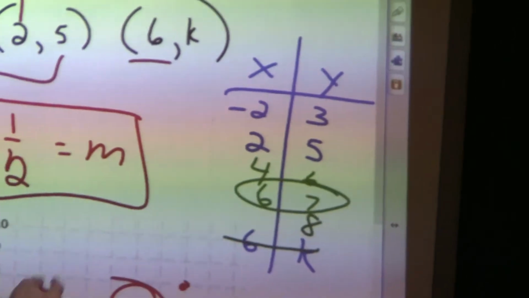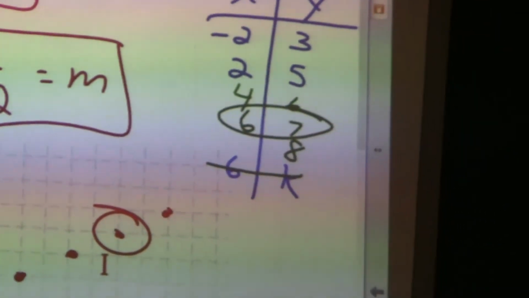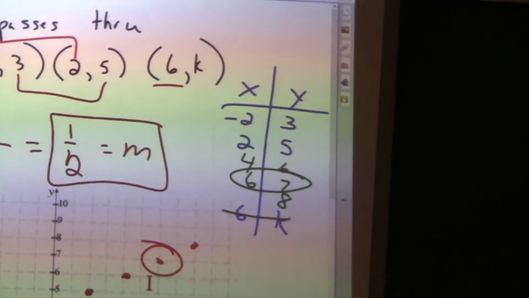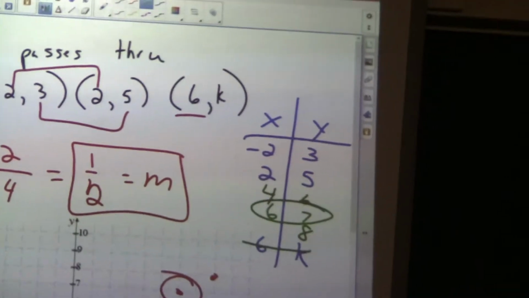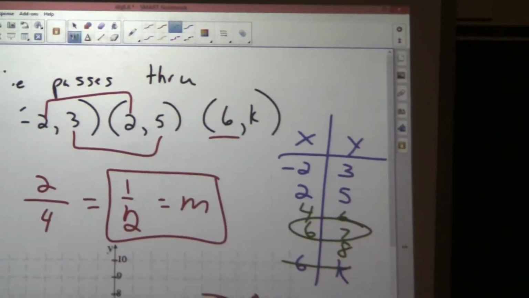I know now that it's 6, 7, using the table. Does everyone see that? So I use the graph to find the answer of 6, 7, or k being 7, or I could use the table. All right?